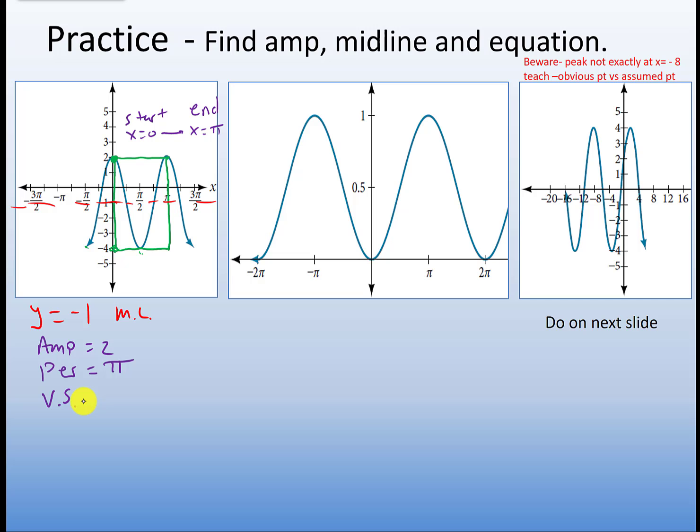Well, of course there's a vertical shift because the midline was shifted down. So the vertical shift is 1. And then lastly, do I have a phase shift or horizontal shift? Now that was the advantage of starting on the y-axis. Since I'm starting on the y-axis, there is no phase shift. And that means my equation work is going to be a lot easier.